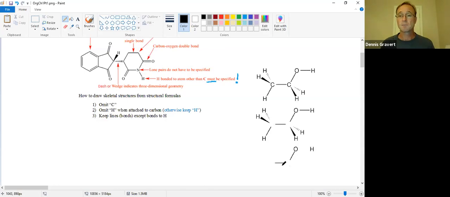I got this horizontal line here, and then I got this bond that's up and to the right, and it ends with an O. And then the hydrogen, well, looking up here, was attached to the oxygen. And there we go. There's our skeletal drawing for ethanol. Not too bad.